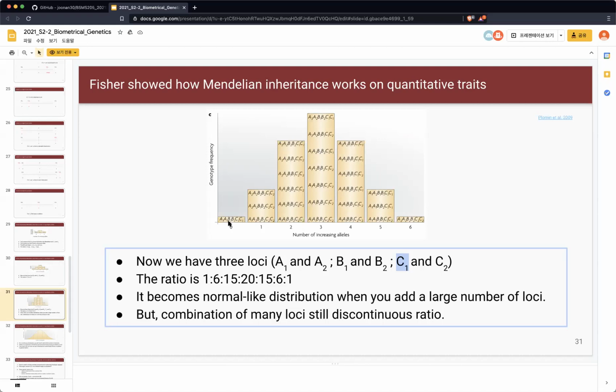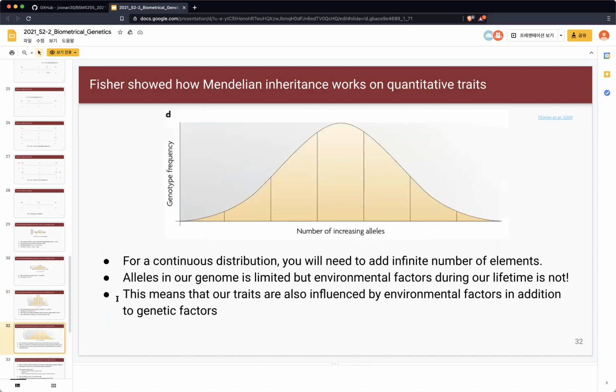So what Fisher came up with, the brilliant thing, is that he added extra, additional factors, that is, the environment, right? Environmental factors, because during your lifetime, environmental factors are almost infinite in number, right?